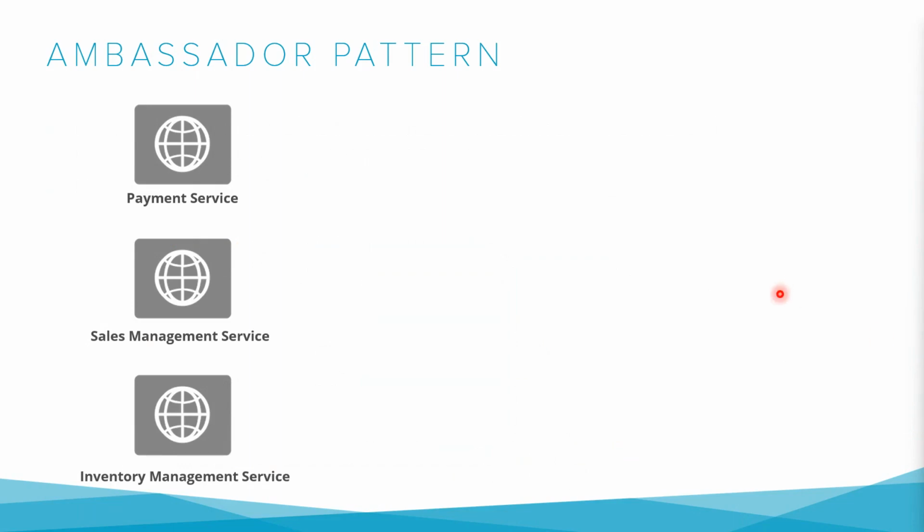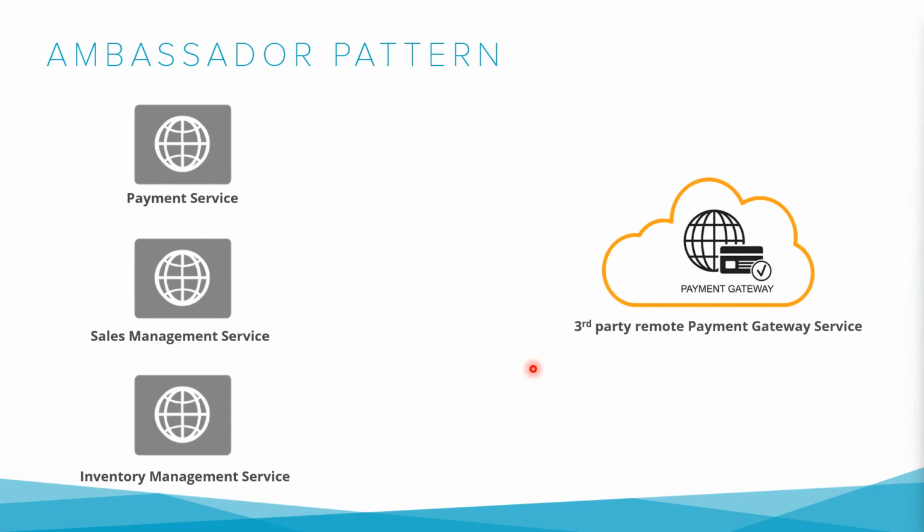From the same POS system, let's take three modules: payment service, sales management service, and inventory management service. Suppose more often these three modules need to use a third party payment service for sale or purchase.